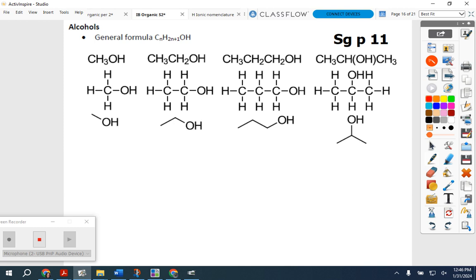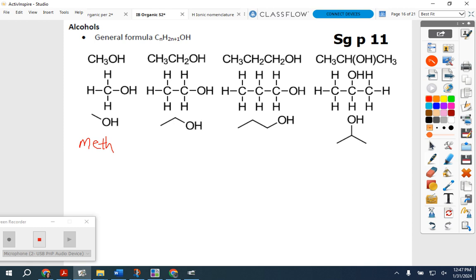So this is where we're going to continue using the suffix the way we did for the enes and the ines, where we're going to name the root, the stem. We're going to add an an, en, or yn based on whether it's all single bonds, or the chain has a double bond or a triple bond.